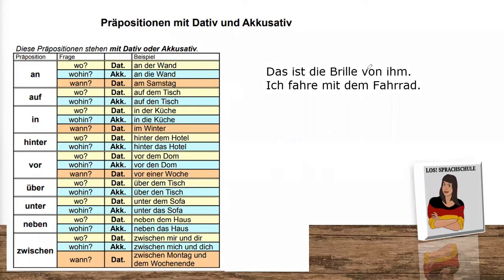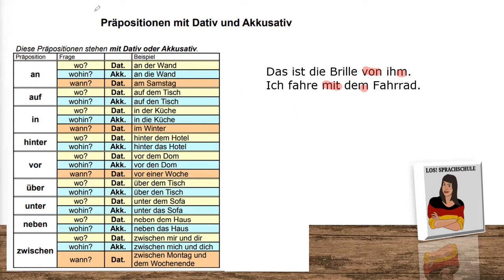And you will see, ja, von needs dative, got it. Or for example, ich fahre mit dem Fahrrad. I drive by bike. Mit dem, ja, dative, okay, got it. And so on. So step by step, you have learned many verbs and prepositions that require dative or accusative. If you have made it so far, good job.